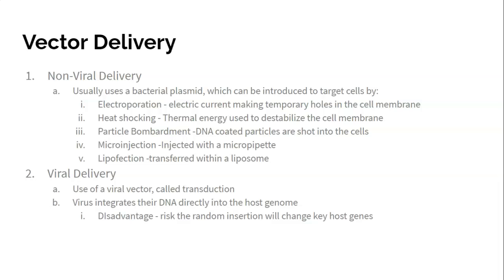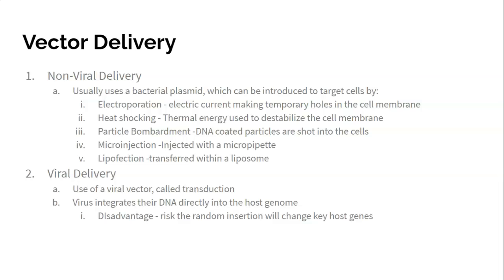You don't need to know the ins and outs of how they do that, but it's good to know that like electroporation uses electricity, right? Electro, and then pore is making holes in the cell membrane. So the electric current makes holes. Electroporation, I mean, it's named appropriately.